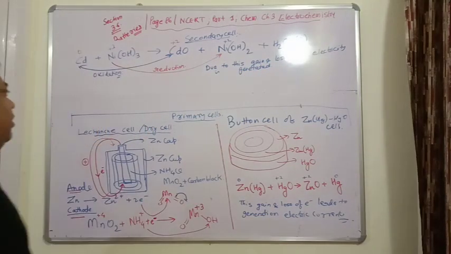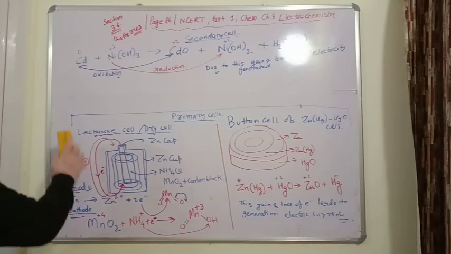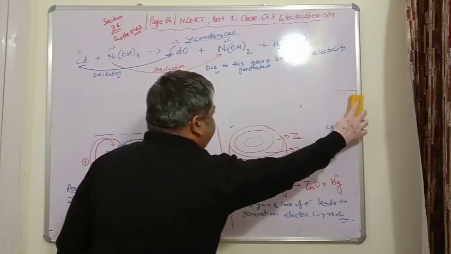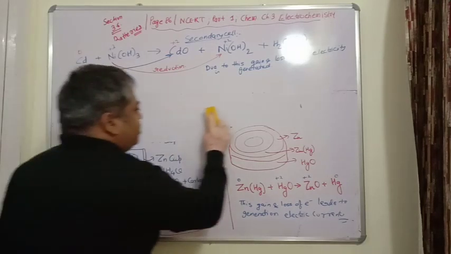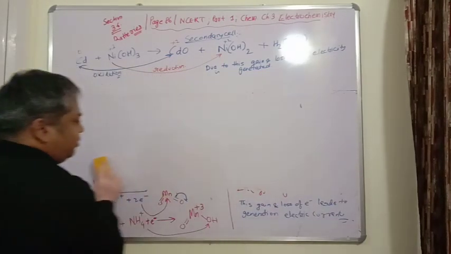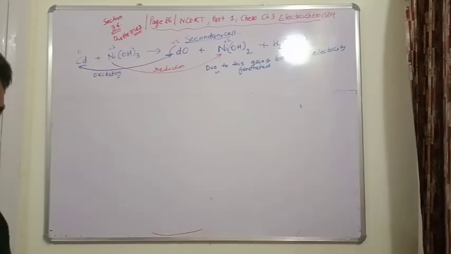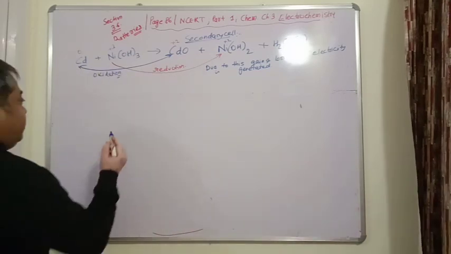Now fourth and well known, this battery is known to you all. Now here in this case I will not call it as a cell, I will call it as a battery, because there are many small cells which are packed in a plastic box. Which is called as lead storage cell.